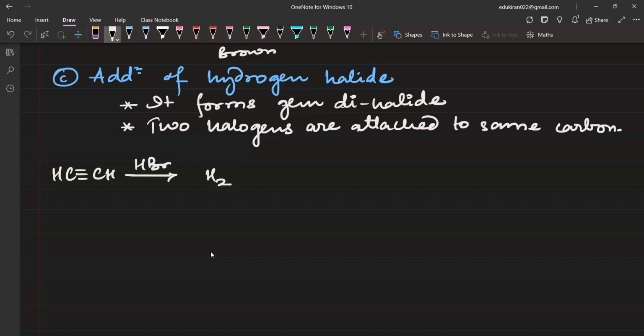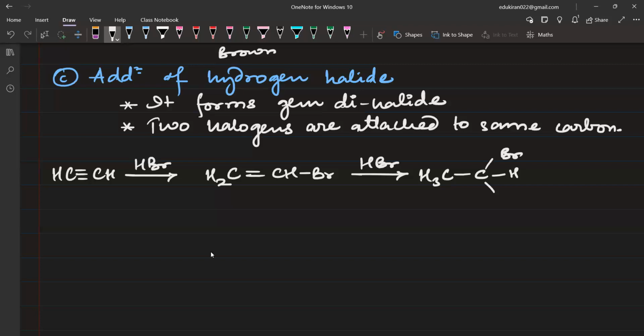So this first carbon is CH2, double bond CH, and then you will have Br. Now this can react once more with HBr. और फिर यहाँ पे क्या होगा? The first carbon will get the hydrogen, so you'll get CH3, and the hydrogen is as it is, and there are two Br groups attached. Hydrogen as it is, Br here and Br here. So the same carbon atom is having two bromines, that is gem dihalide.